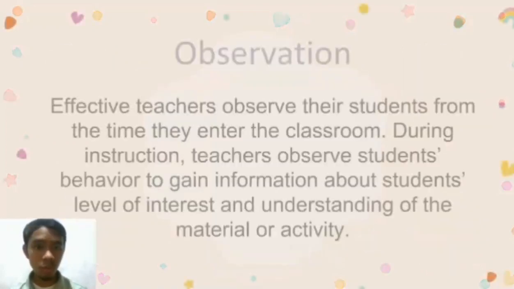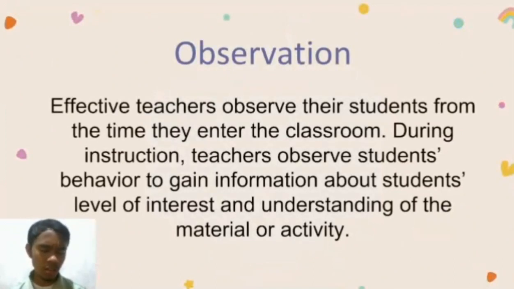So there are two methods in selecting our appropriate assessment methods. The first one is observation. So in brief, this is the teacher themselves who observe the students in actuality.